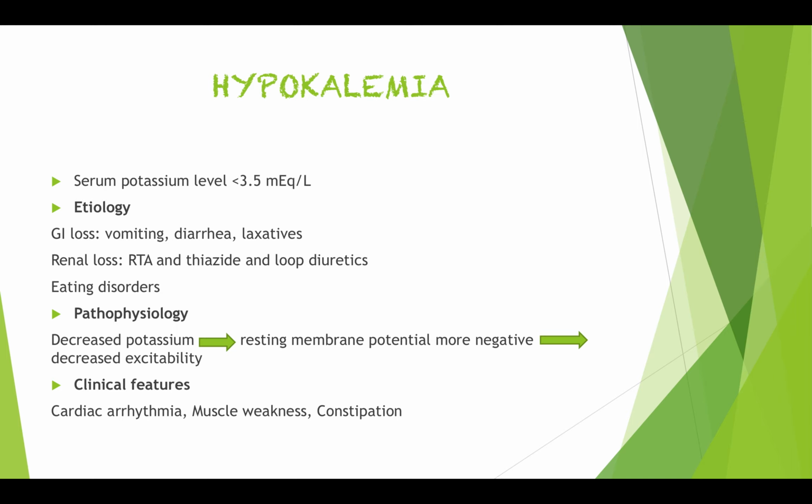Eating disorders, because of repeated vomiting, also cause hypokalemia. Here, the decreased potassium makes the resting membrane potential more negative, and this decreases the excitability. It also causes cardiac problems like cardiac arrhythmias. In hypokalemia, the T wave becomes flattened. Remember, no P, no T.